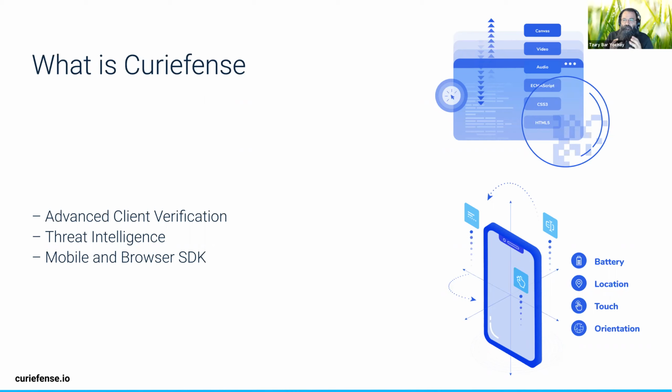Curiefense comes with an SDK for mobile native applications, iOS and Android, and a built-in JavaScript plugin that you can easily plug into your web applications. In that case, Curiefense will do a far better job of detecting humans, which is then used to tell apart humans and bots and treat each case separately.